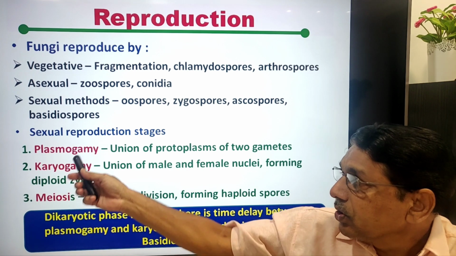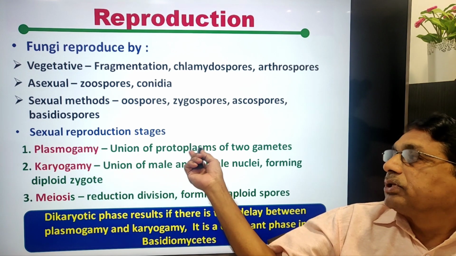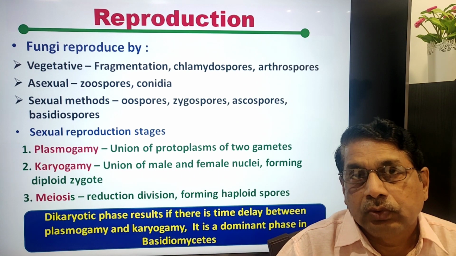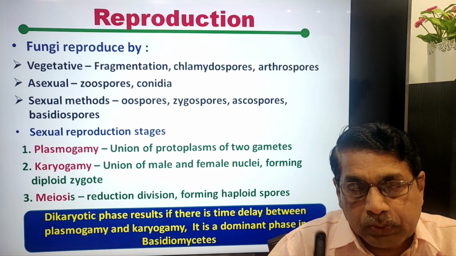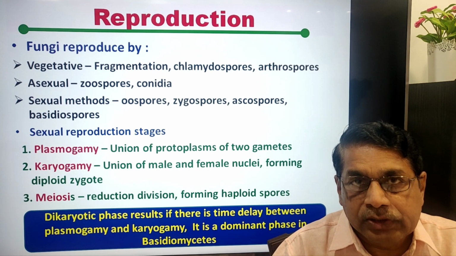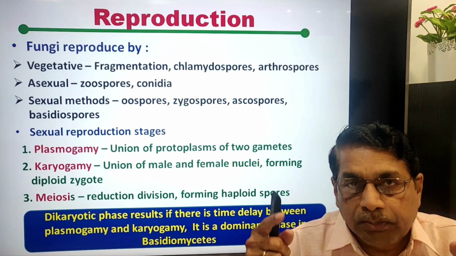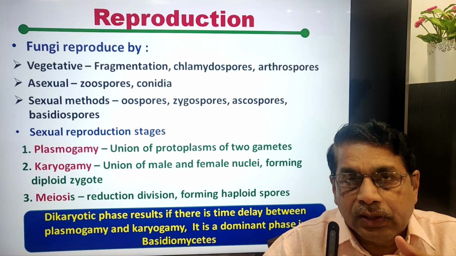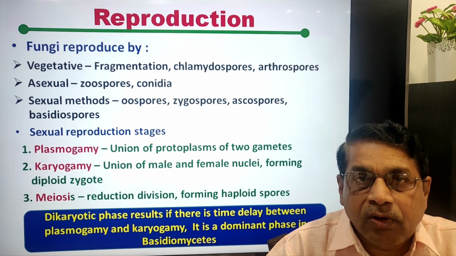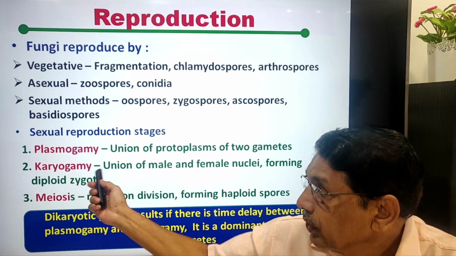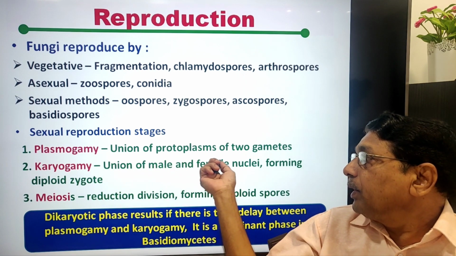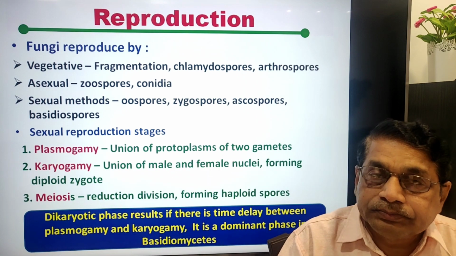That union is called plasmogamy. Two protoplasms unite, then male and female nuclei fuse with each other and form a diploid zygote. That is called karyogamy, union of male and female nuclei.